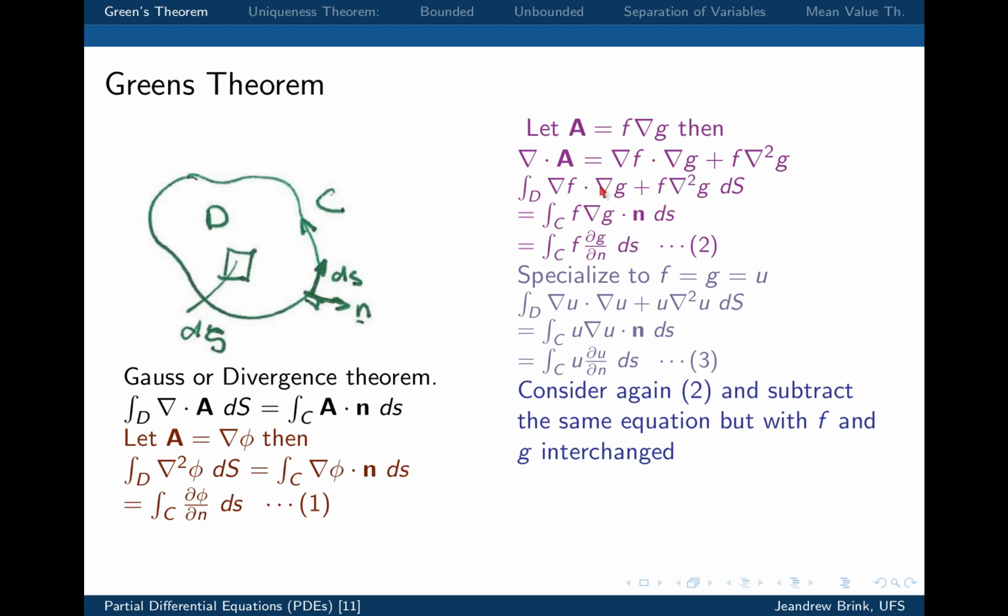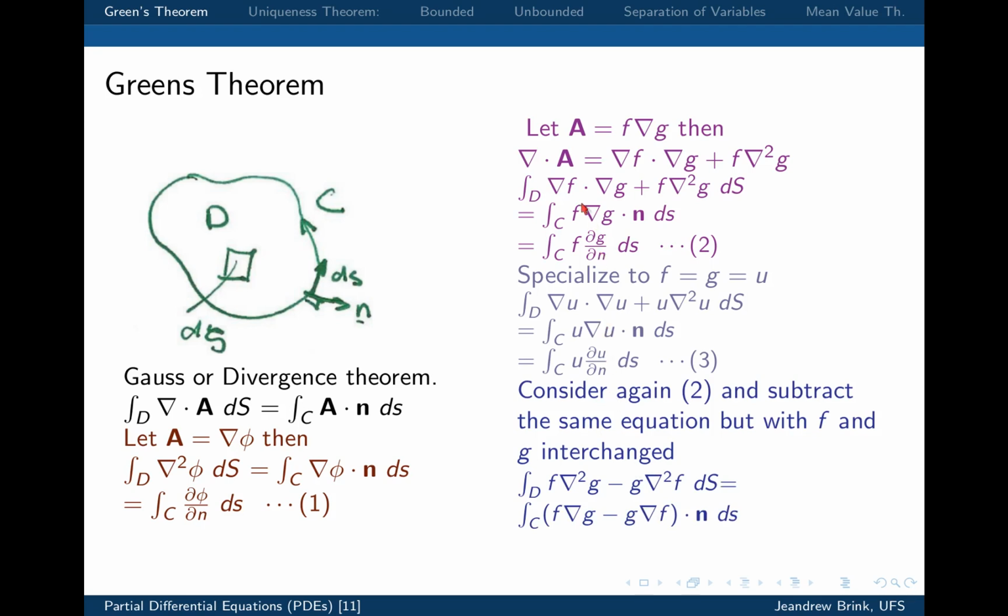Okay, and so we basically have f Laplacian g minus g Laplacian f is equal to the difference of the flux on the boundaries of the two interchanged.